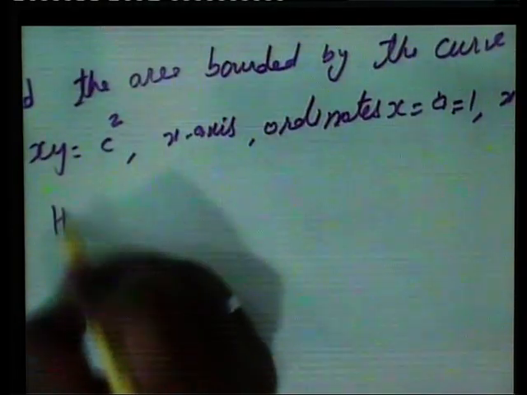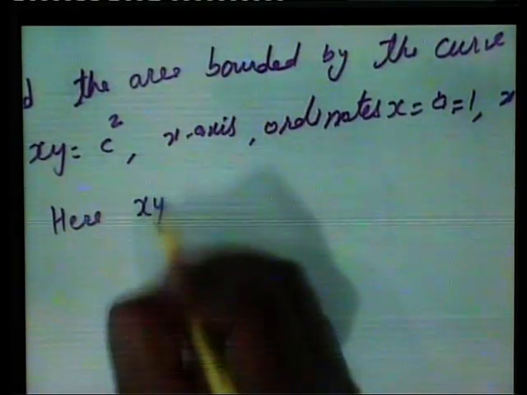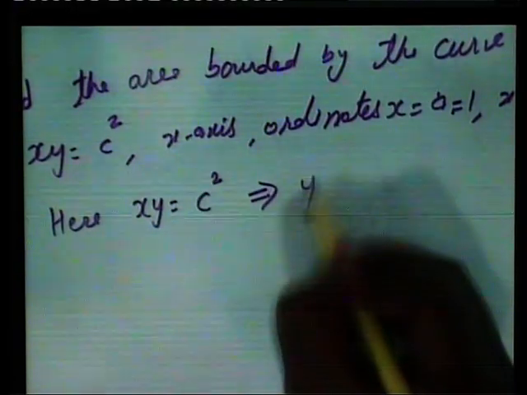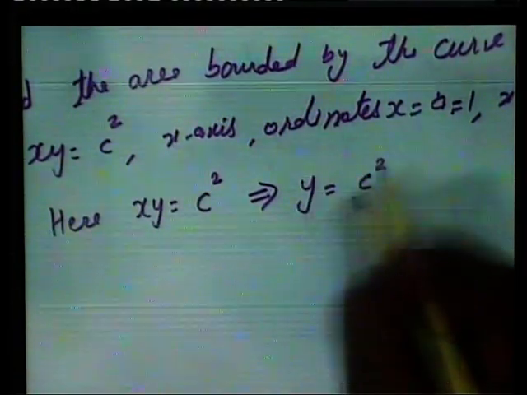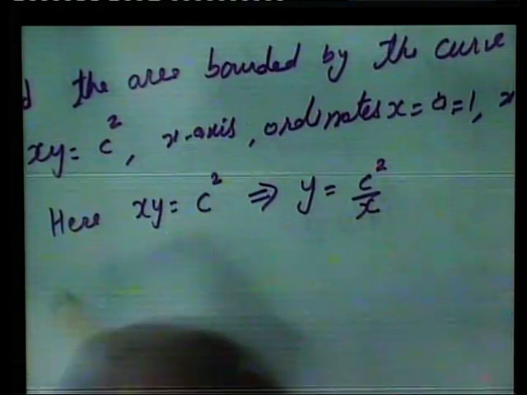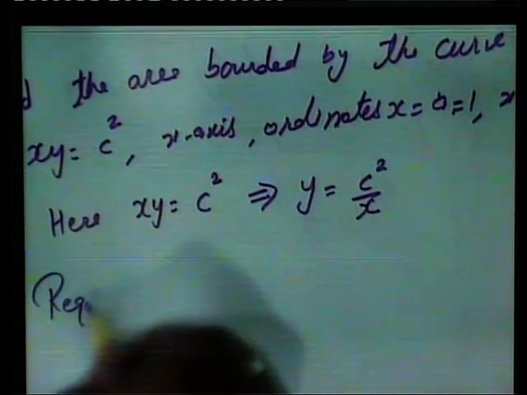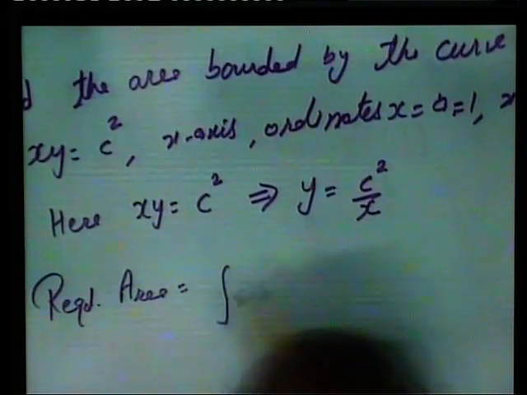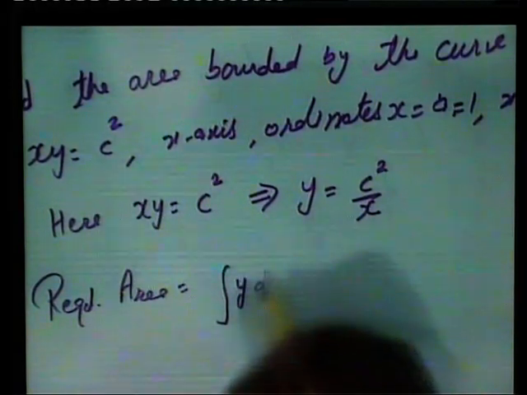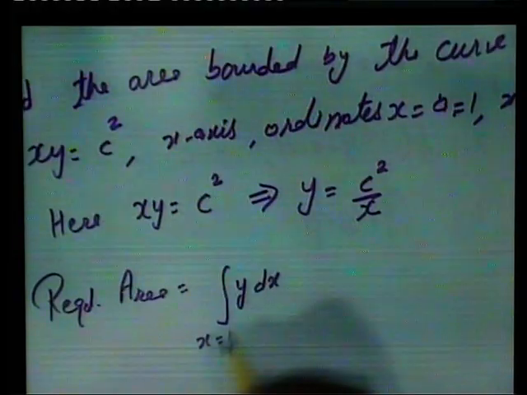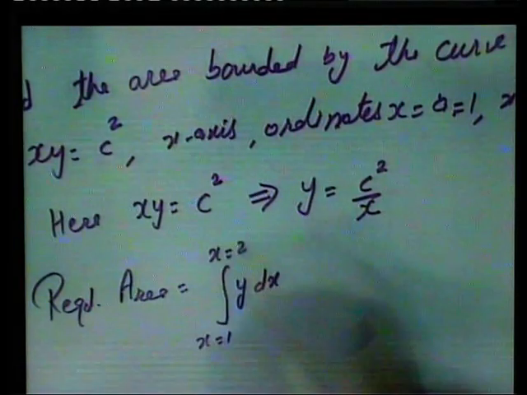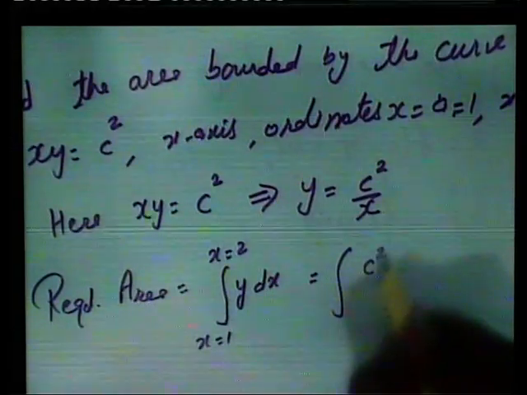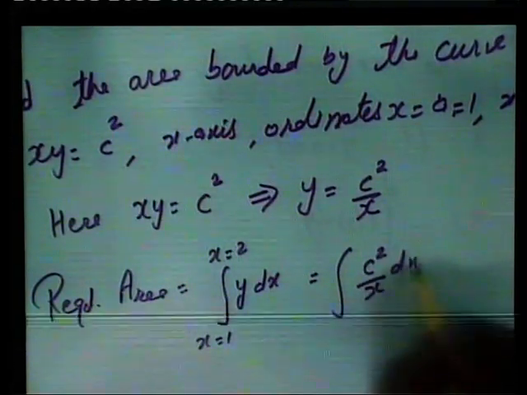Here xy is equal to c square. This implies y is equal to c square upon x. Required area is equal to integral y dx, x is equal to 1 and x is equal to 2, that is integral of c square upon x.